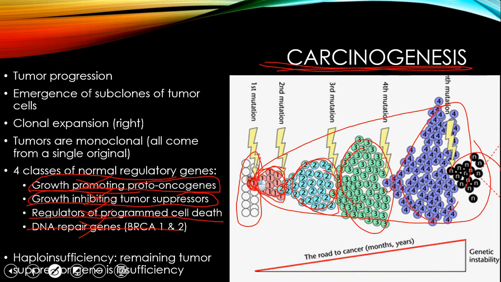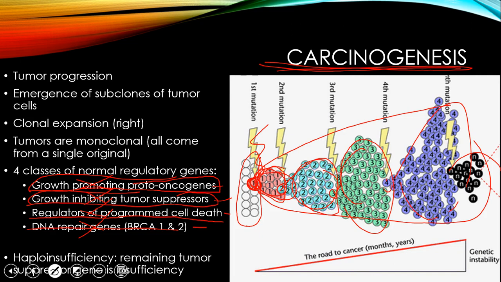So for this original mutation, normally our body says, zap it, kill it, make it undergo apoptosis, or repair the DNA, or inhibit its growth. But when any of these factors go out, say for example the growth-promoting proto-oncogenes, it's no longer being suppressed by its normal signals, and it's going to grow out of control.